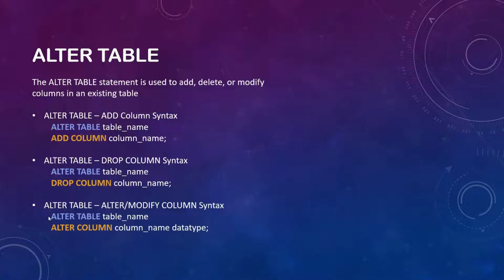And next is the alter table modify column syntax. If you want to change the data type of a particular column, you need to write alter table, then the table name, then alter column, then the column name and new data type. This is very simple.